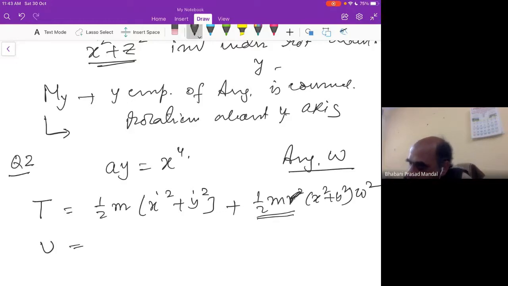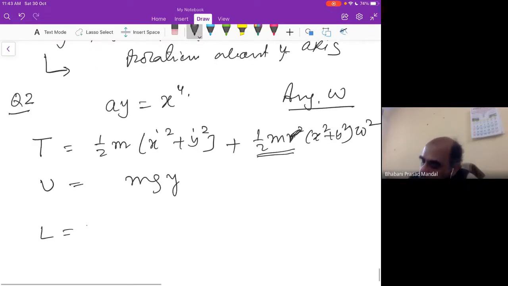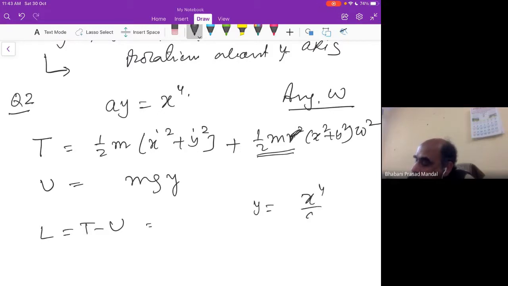Potential energy is mgy. So your Lagrangian is T minus U. Now you have to use the constraint y equals x^4 by a, so y dot equals 4 by a x cube x dot. You substitute these two here.